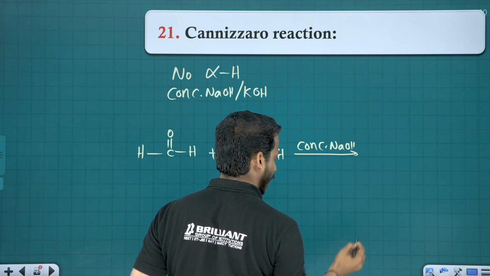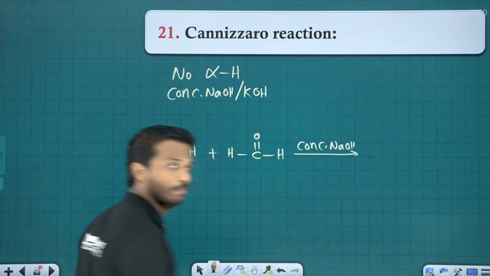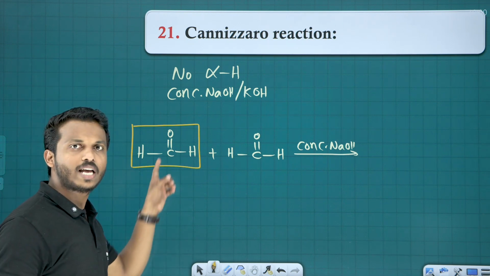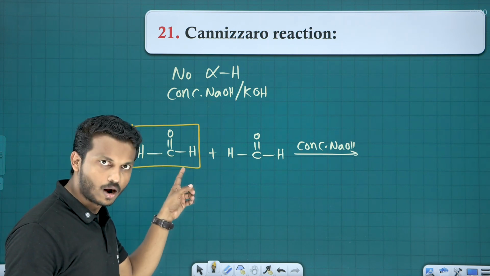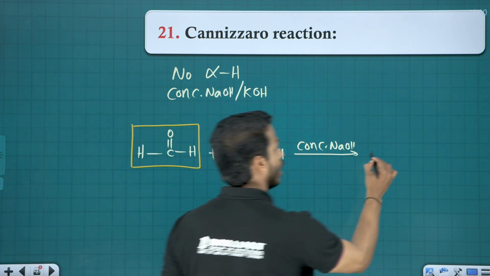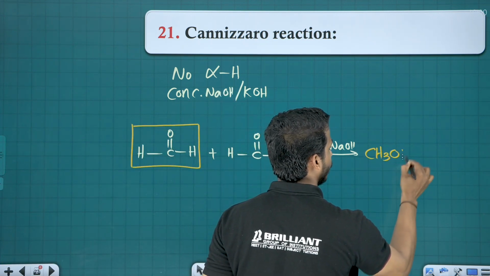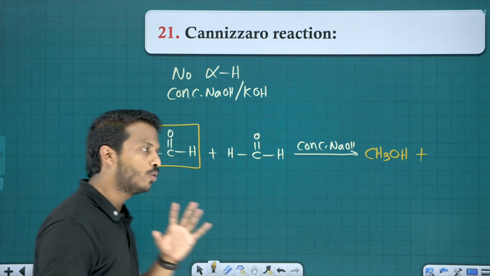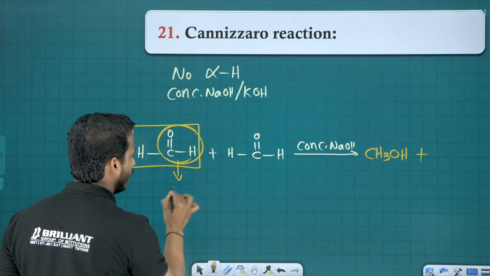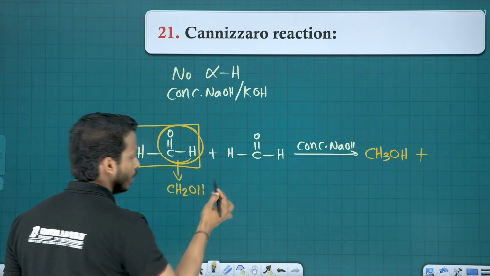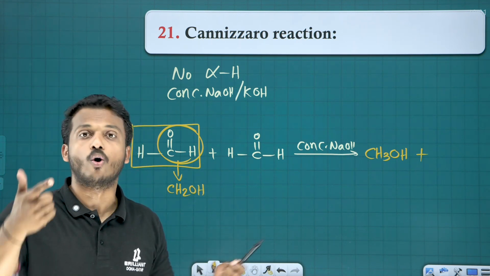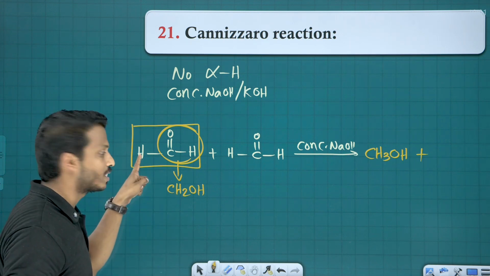Now listen very carefully, my dear, how to write the product here. Very simple. First compound, what is that? Methanol. You make it into the corresponding alcohol. First CHO make it CH2OH. What is CH2 plus this H?